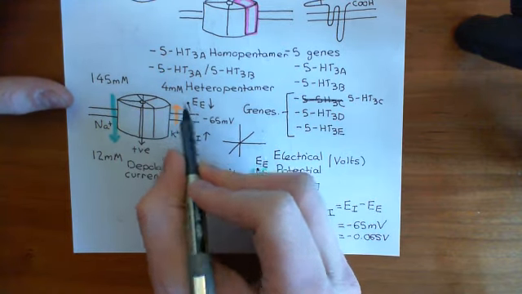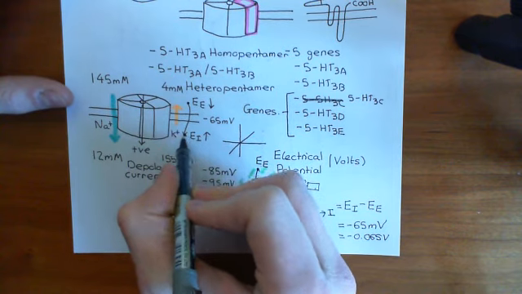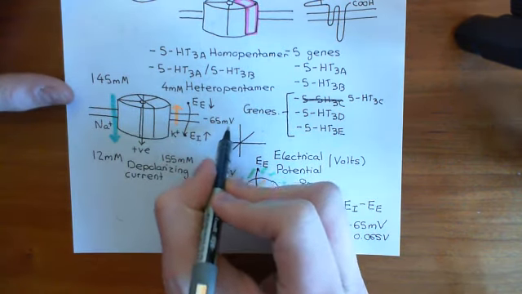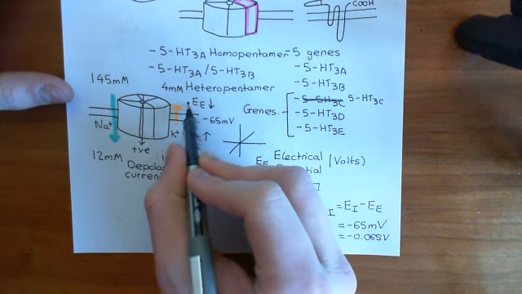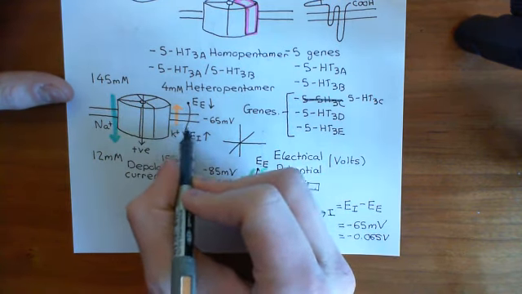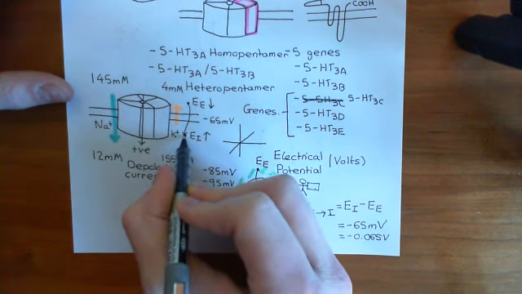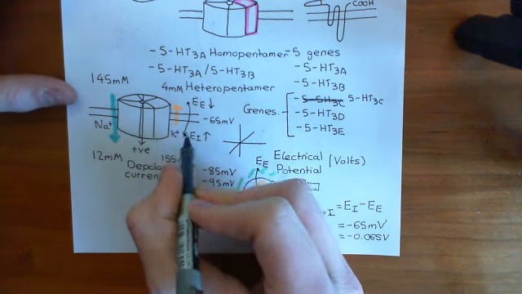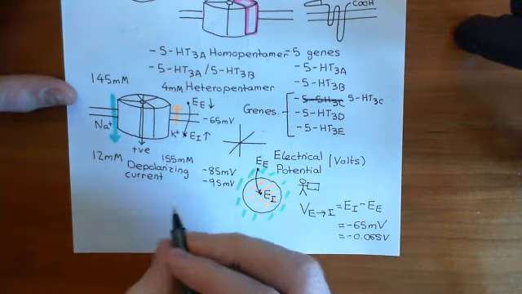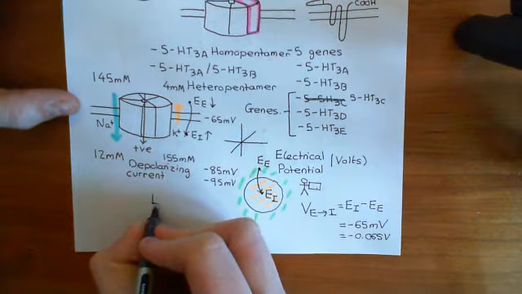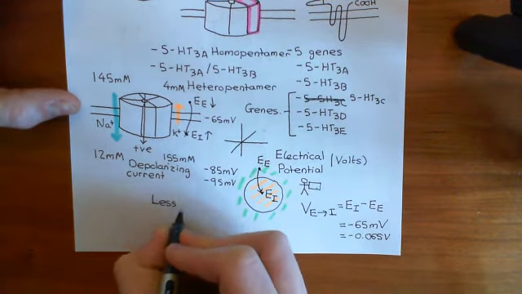That meant that when we moved from extracellular to intracellular, we went down in electrical potential by 65 millivolts. However, we're now lowering this one and moving this one up, so they're moving towards one another. So the amount you're going to have to step down when you move from extracellular to intracellular is going to get less. So the electrical potential difference across the cell membrane is going to become less negative.